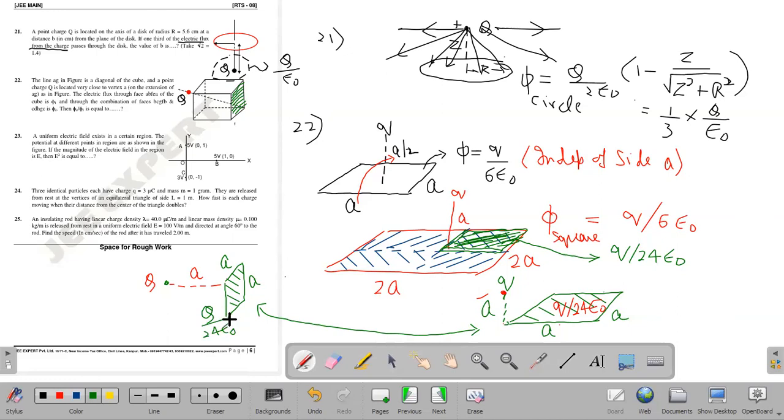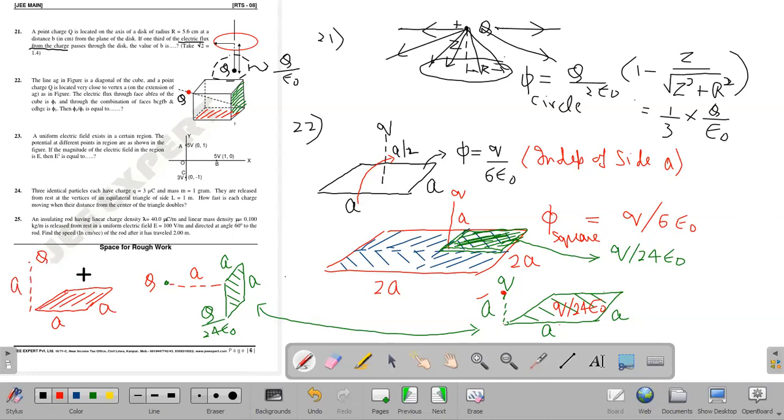And there are three similar faces, like this bottom face. Again, if I concentrate on this bottom face, which is the square of side a by a, then I find this charge q at a distance from the corner of this square.